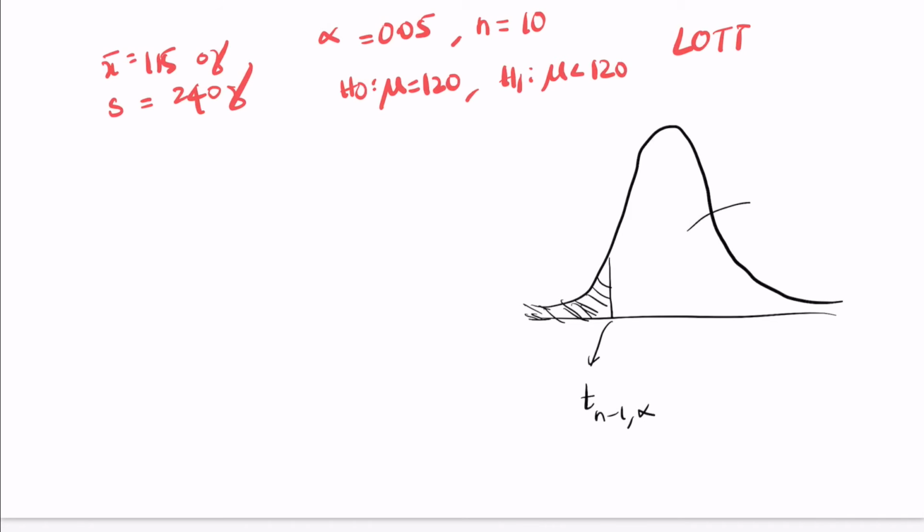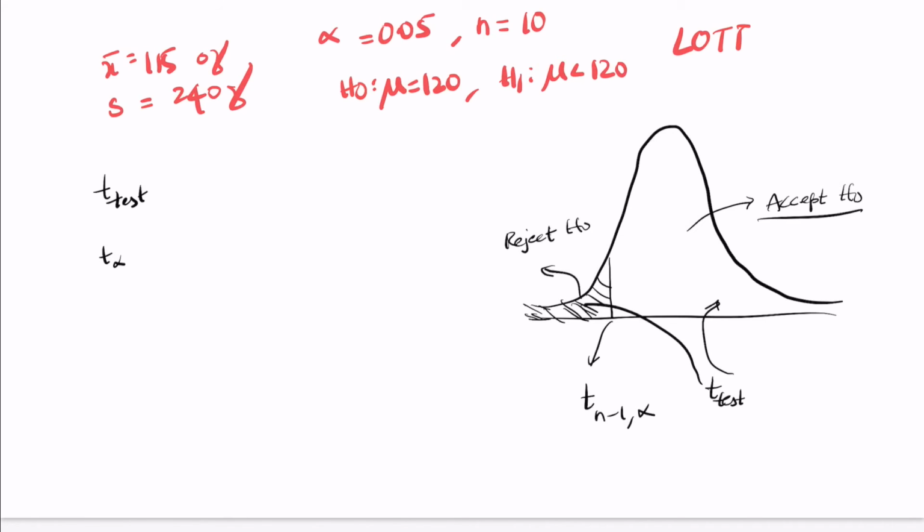This region represents the accept H naught region. This region represents the reject H naught region. So we will find two values, the t-test and t alpha. If the test value is in this region, then we accept H naught. If the test value is in the rejection region, we reject H naught. So this is how we solve the problems in hypothesis testing.